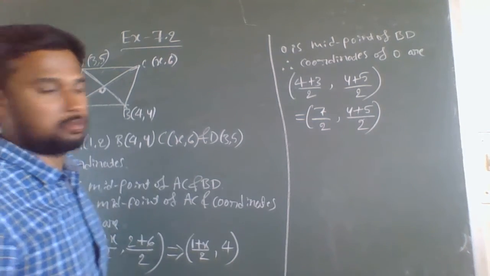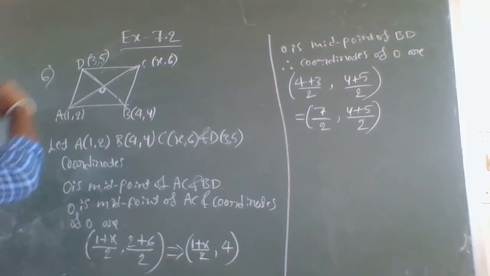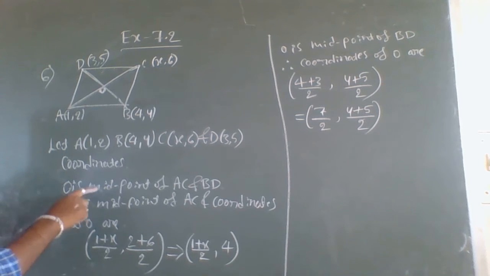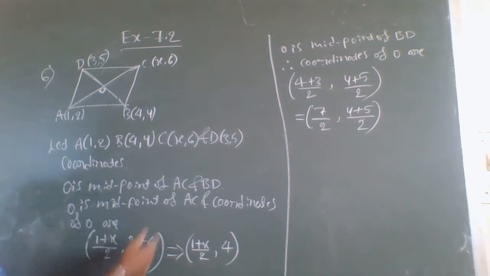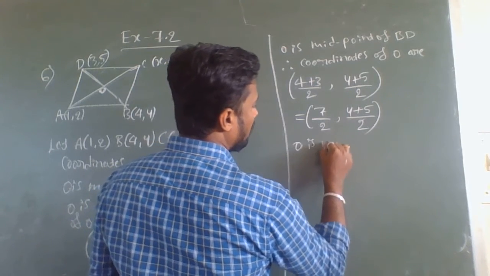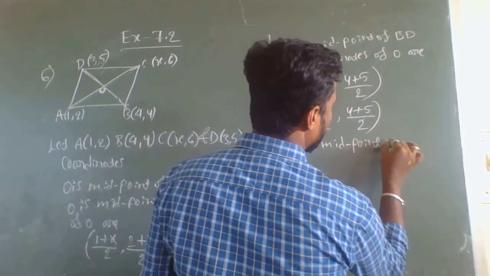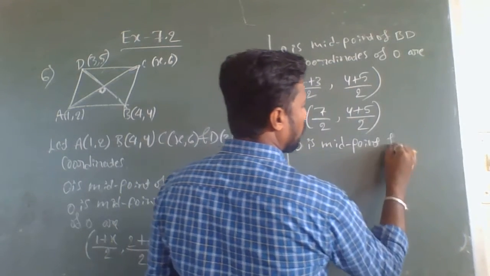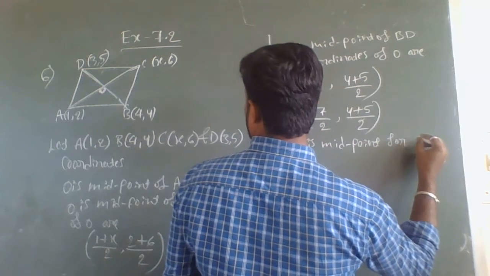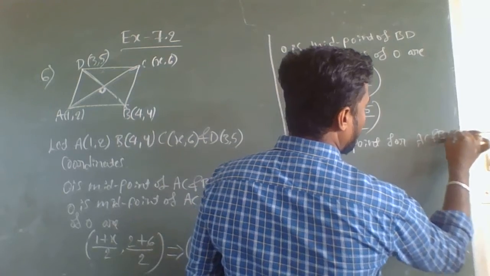And here you can observe that this O is midpoint for both AC and BD. Okay. Here, since this O is midpoint for both AC and BD, here we should write O is midpoint for two diagonals. What are those? AC and BD.